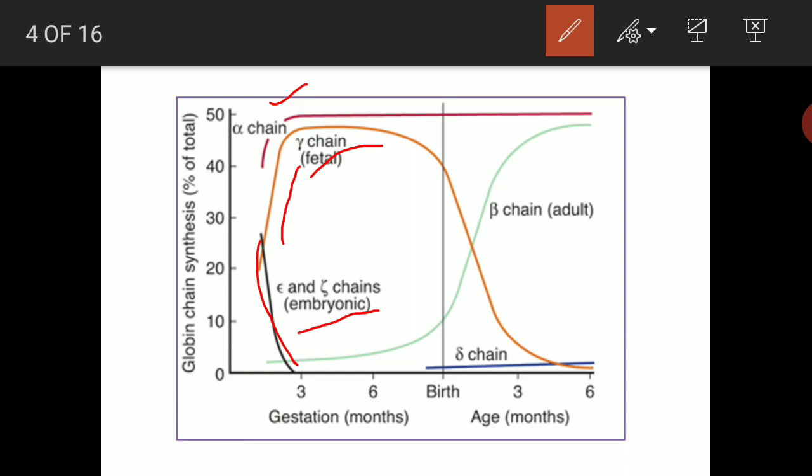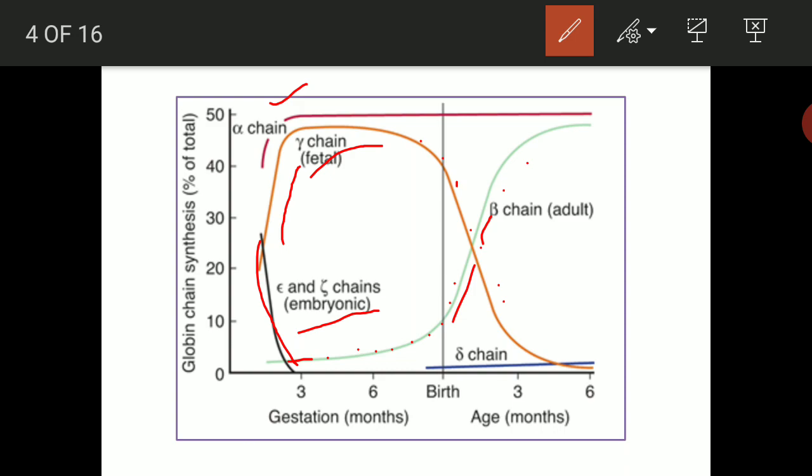So what is fetal hemoglobin? 2 alpha and 2 gamma chains. The percentage of fetal hemoglobin is higher in the fetus. And you see the beta chain: initially it's very low, from 3 months onward it increases slowly, and after birth you can see that gamma is declining and beta is increasing, and the switch occurs before 3 months of age.